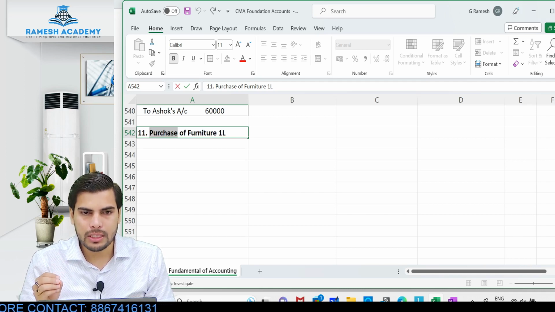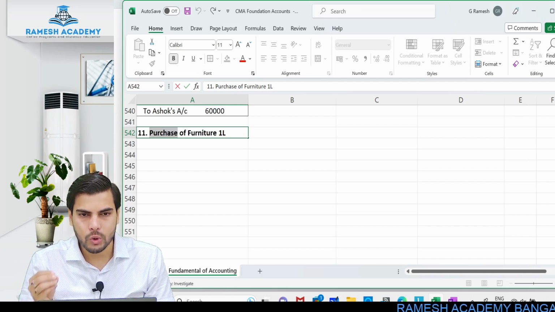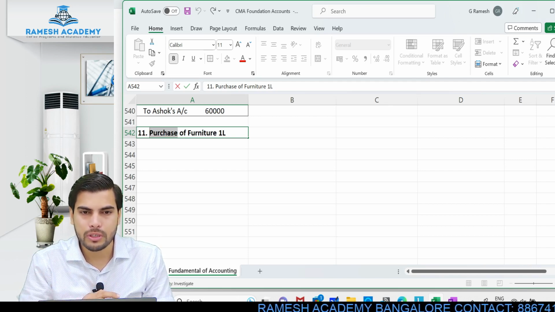Whenever you are purchasing or selling a fixed asset, you are not supposed to use the term purchases or sales. Clear? So remember this point carefully. Only when you are either purchasing the goods or selling the goods, in these two circumstances, you are supposed to use the term purchases or sales.